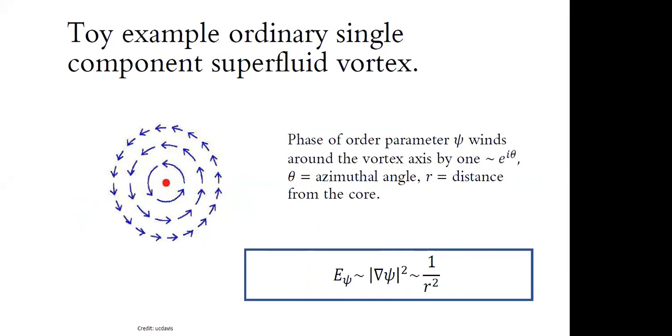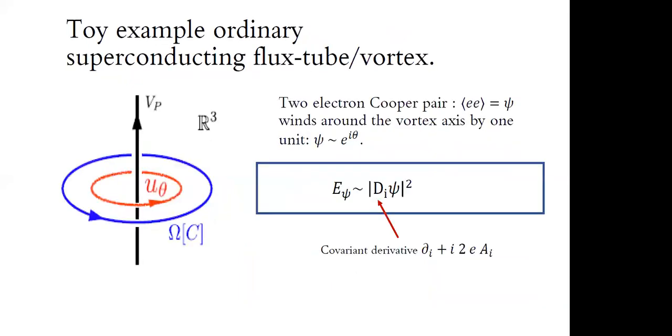It completes a single winding around the z-axis. If I substitute that here, I would see that the energy density of the vortex goes as 1 over r squared, and so the energy per unit length is logarithmically divergent. So that's the standard vortex story.